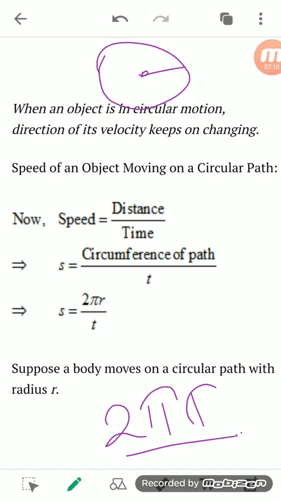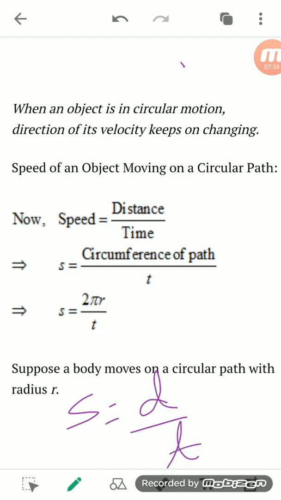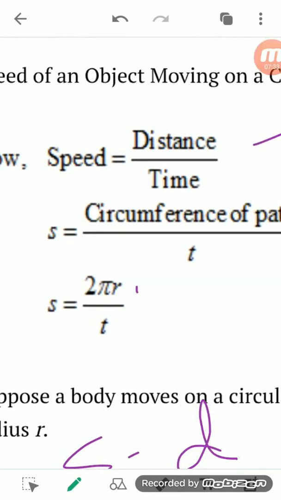So the speed of the body moving along the circular path is, speed equals distance upon time. If a body is moving in a circular path, then the distance will be the circumference of the path, which is 2 pi r. So the speed of the body moving along the circular path is 2 pi r upon t.